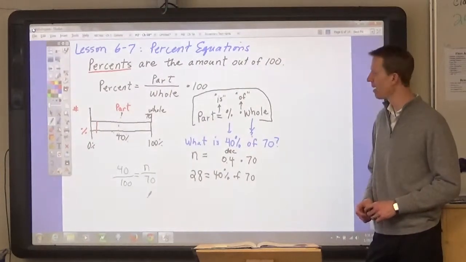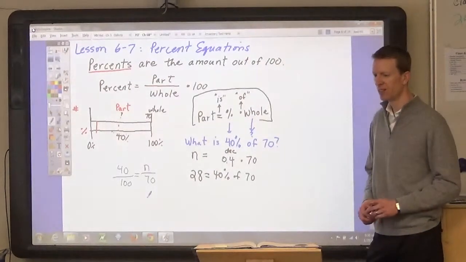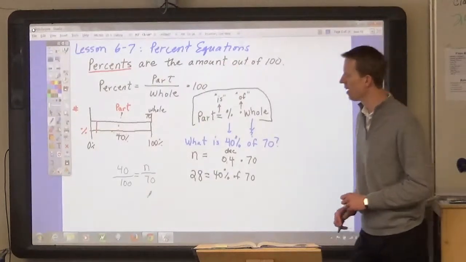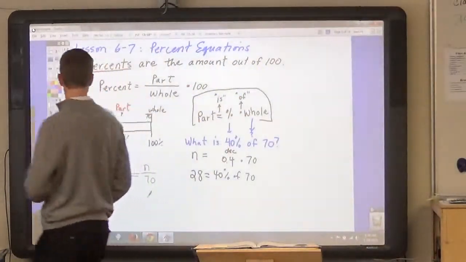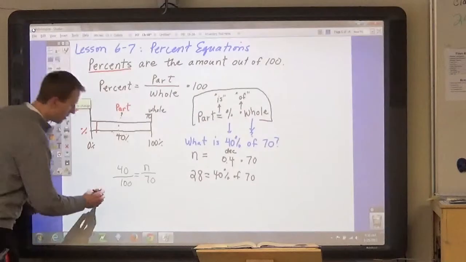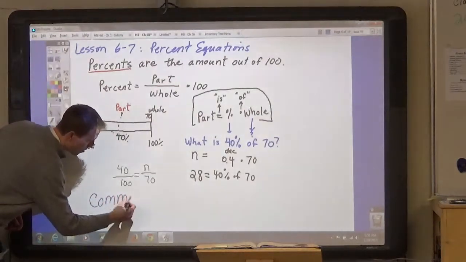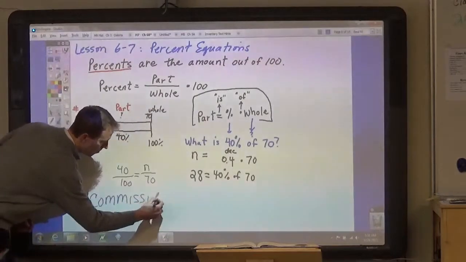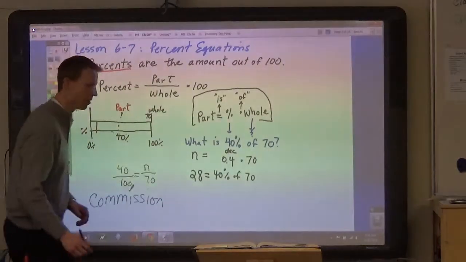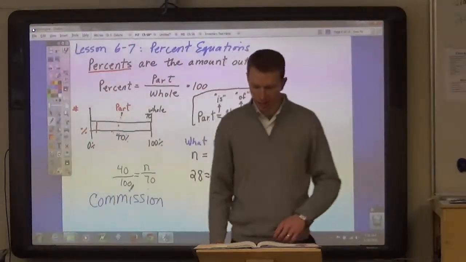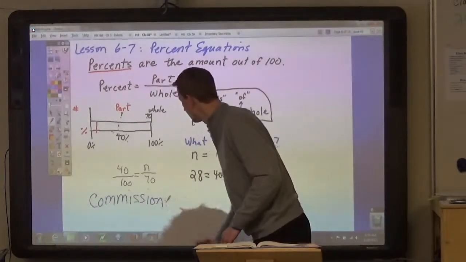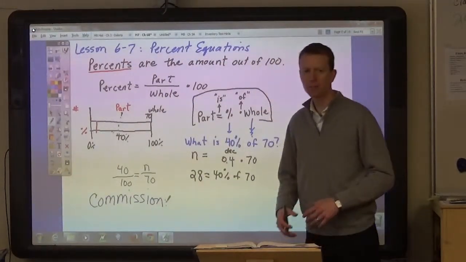All right, does everybody have this copy? Not yet? All right, I'm going to tell you about one other word then that you're going to encounter in this one, and that is commission. Commission is an amount, a lot of times it's an amount of money.